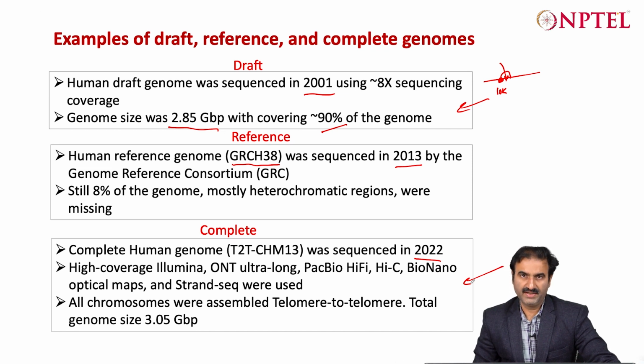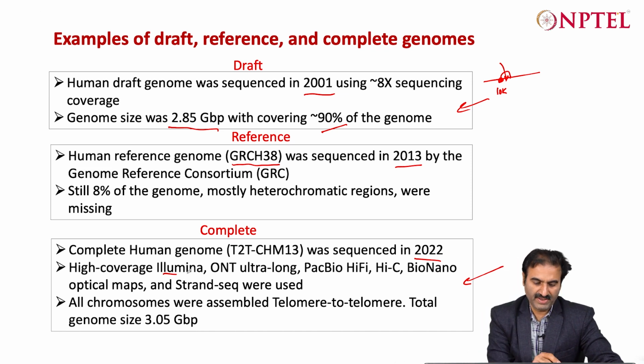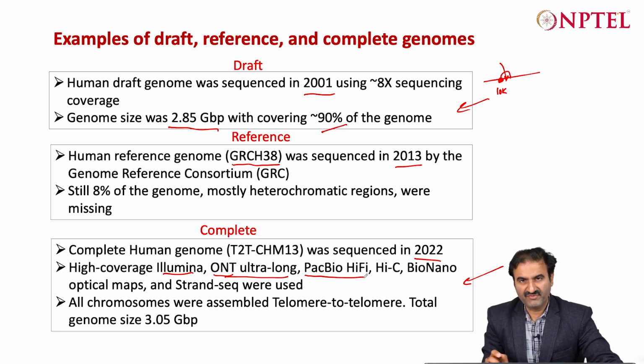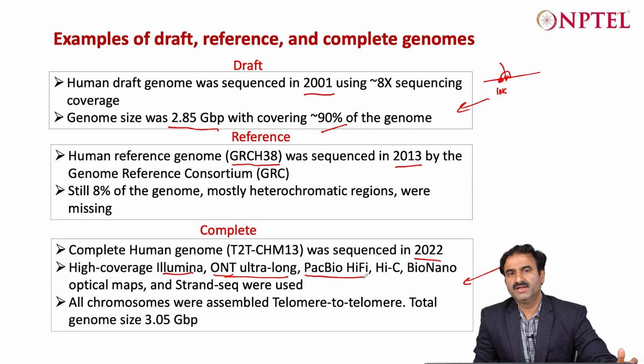Now, using a combination of Illumina, Oxford Nanopore, which gives ultra-long reads, and PacBio HiFi, which really helped because these were long reads with a low error rate. Otherwise Oxford Nanopore reads had almost 5% error, even more sometimes, but PacBio HiFi was almost 99.9% correct.